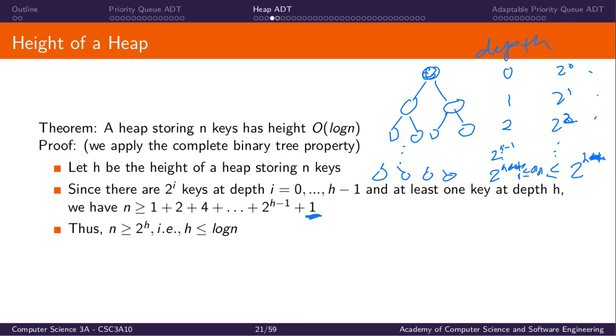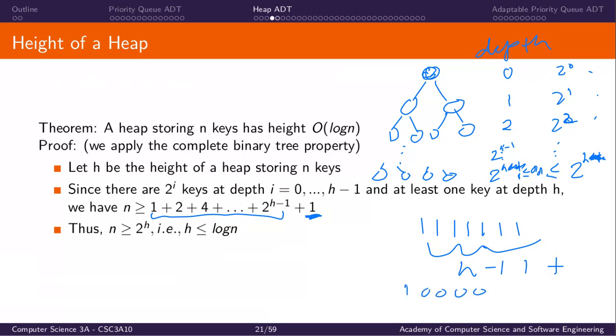We're simply going up to h minus 1. We said that this can be represented as a binary number that has, in this case, h minus 1 ones. If we were to add 1 to that, which we actually have in this case, we end up with this number, 1 followed by h minus 1 zeros, and that's just equal to 2 to the power h.